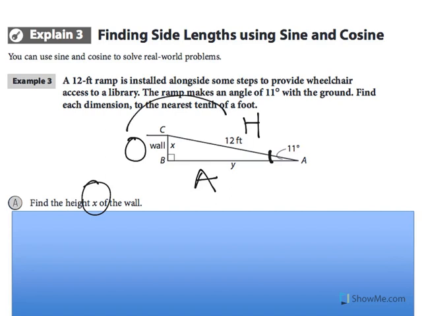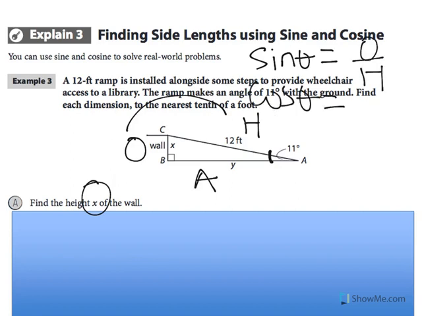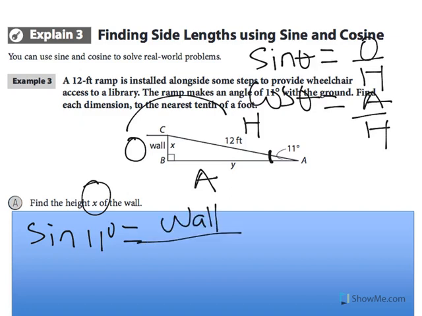Okay, so let's overview what we did yesterday. Sine of an angle is equal to opposite over hypotenuse, and cosine of an angle is equal to adjacent over hypotenuse. We're solving for x, so we have opposite and hypotenuse, so sine of 11 degrees is equal to opposite, which is the wall, over 12.